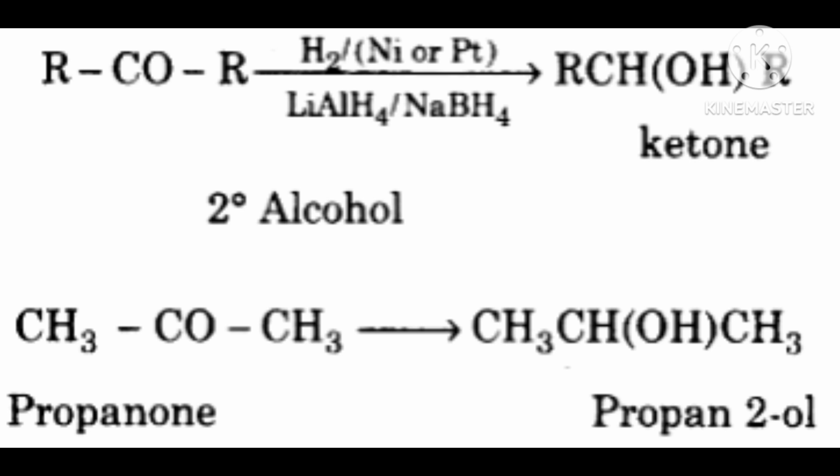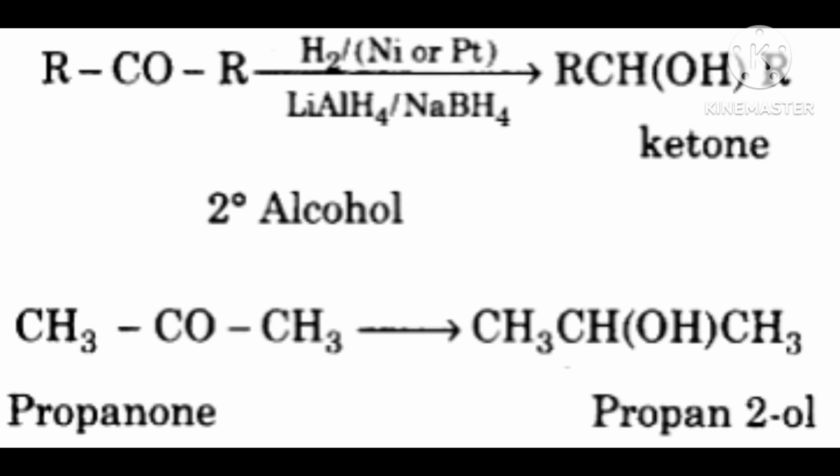Then again it will form OR. Now see, this time you got two OR bonds. Two OR bonds formed. And this H from the OH went to the OH minus of ROH, and it formed a water molecule.